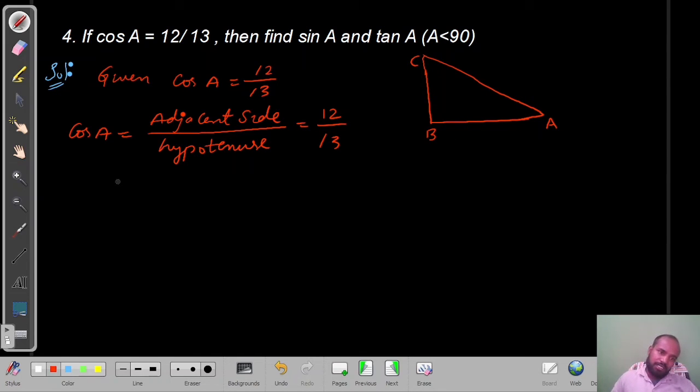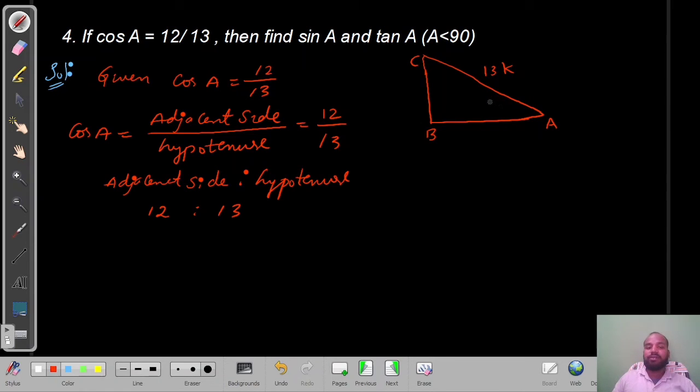He has given us adjacent side is to hypotenuse, that is 12 is to 13. 12 is to 13 is given. So now I am taking the hypotenuse as 13, right? So I am taking it as 13k.